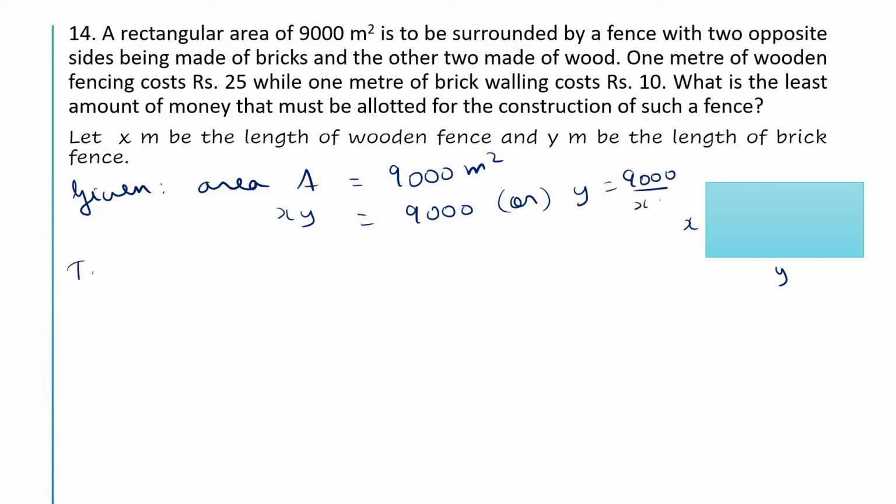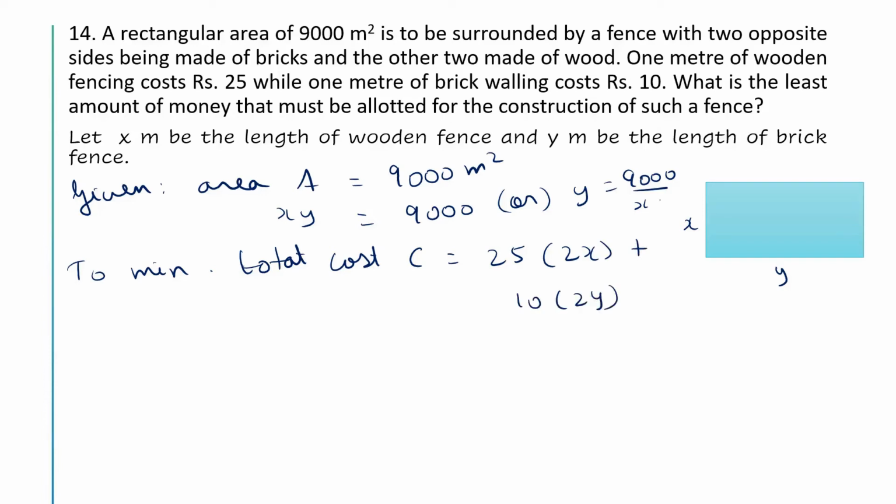So we have to minimize the total cost. The total cost is nothing but 25 into 2x plus 10 into 2y.